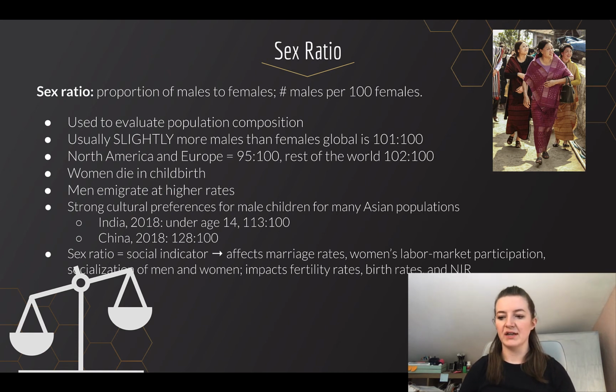So China has a stereotype for girls being adopted around the world. A lot of people who do international adoptions adopt Chinese girls. And this is one of the major reasons why, this preference for male children.